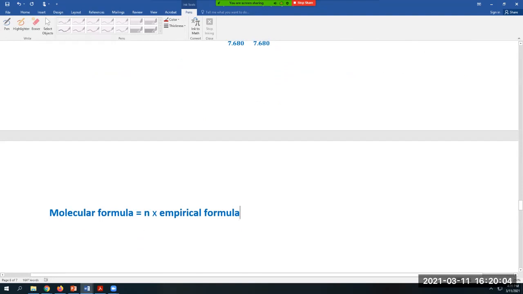That's for the formula. But now, if you take the mass, that number still holds. So instead of writing molecular formula equals n times the empirical formula, you can write that the molar mass corresponding to the molecular formula is equal to n times the empirical formula mass, right? So we need the empirical formula mass.